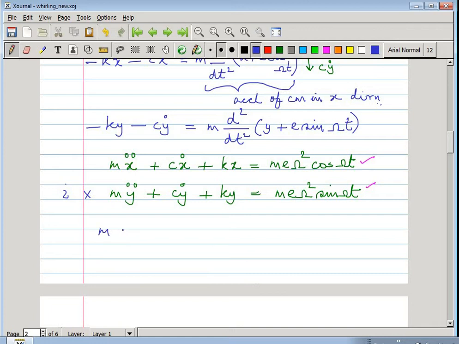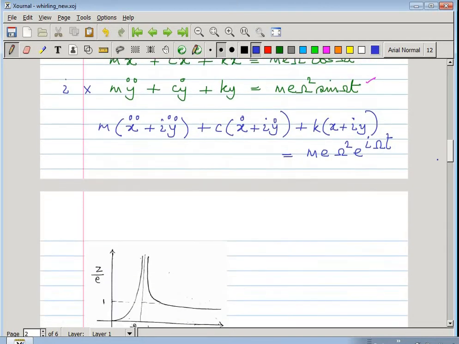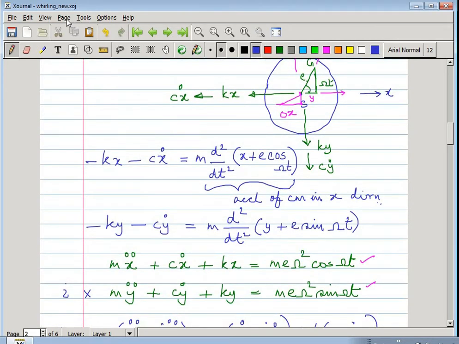So it becomes m (x double dot plus i y double dot) plus c (x dot plus i y dot) plus k (x plus i y) equal to m e omega square e to the power i omega t. So this is the governing equation.